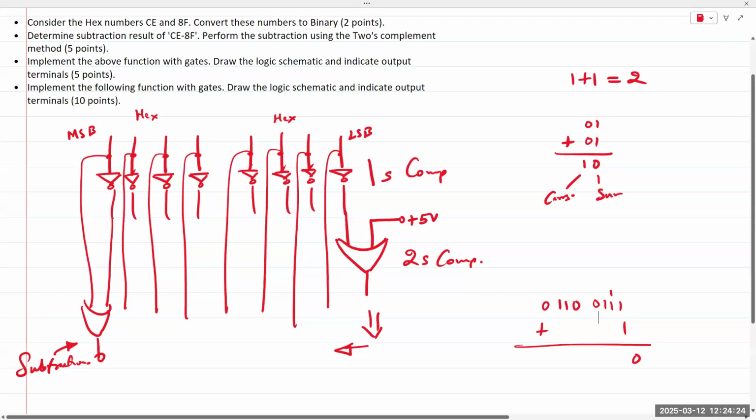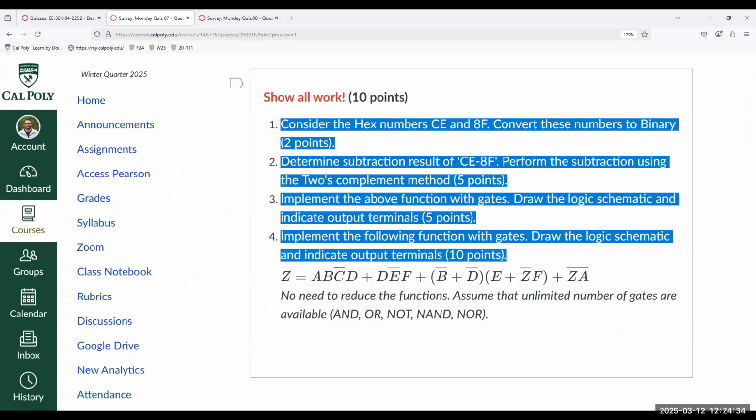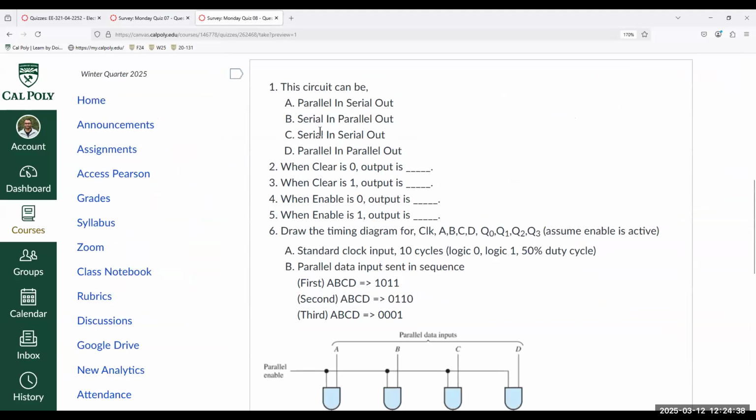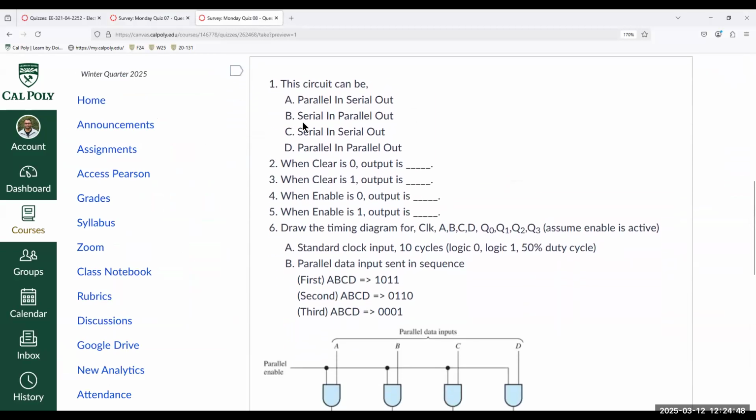And then the other one was also kind of similar to that, which was quiz 8. Again, this is part of sequential logic, so that's also not something that I'm going to assess again. In here, what do you think the circuit can be?